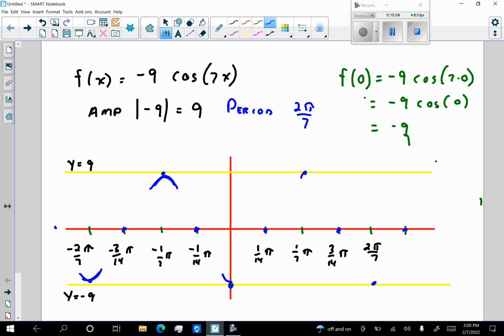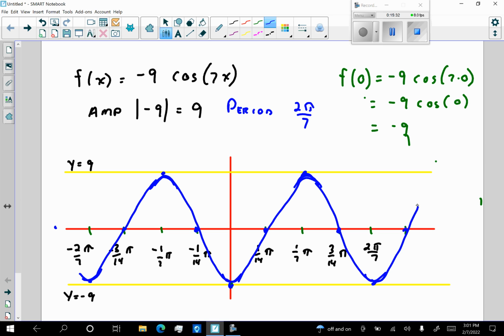Some people have been putting V's there. If you could please not put the V's, I would appreciate it. And that's a very nice graph. And some people had the incorrect graph there. They had it started at the maximum level.